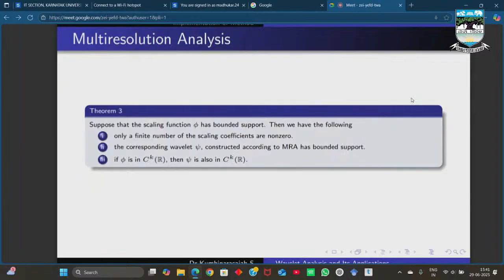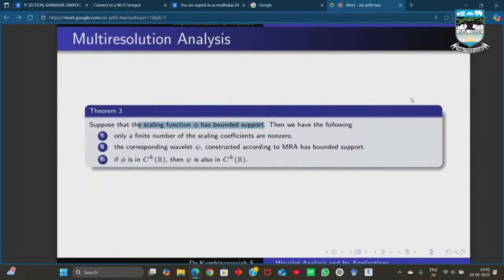And here I am considering one more lemma, on the properties of the wavelet. Suppose the scaling function phi and the psi have bounded support, then the following properties inevitably hold. Just carefully listen, because in upcoming theorems I am going to use this statement. The scaling function phi has bounded support.